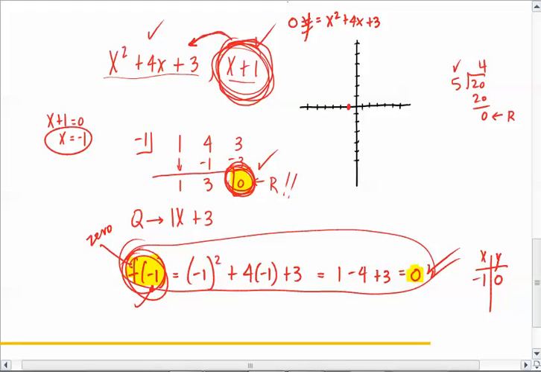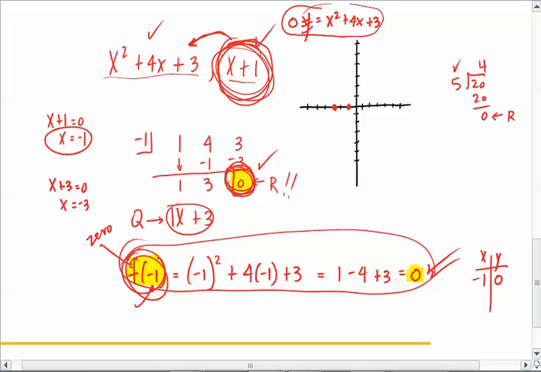Well, we found the other factor, so let's set it equal to 0. We find that the other root is -3.